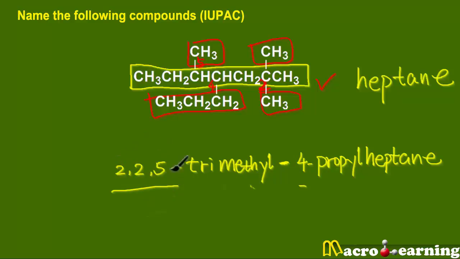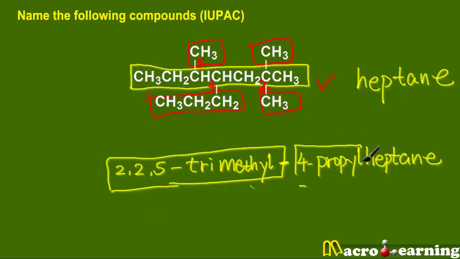Because these won't change no matter what group you have here. It's not dependent on the alphabetical. The alphabetical only determines whether this or this will go in front of the other one in the name. Okay? I hope you get the point here. All right, very good. Next one.